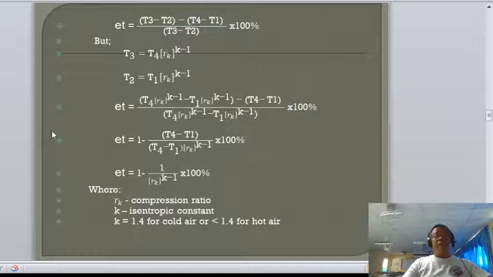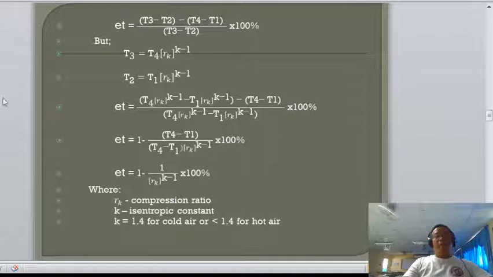So we will notice here that the higher the compression ratio, of course, the cycle is quite efficient. Okay?